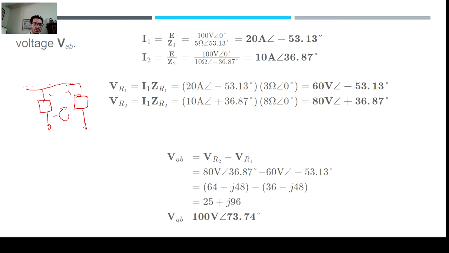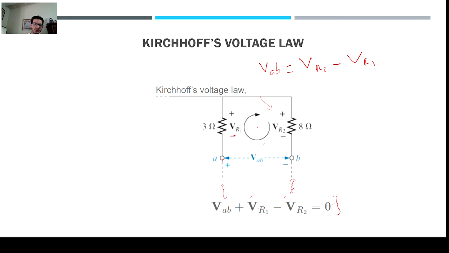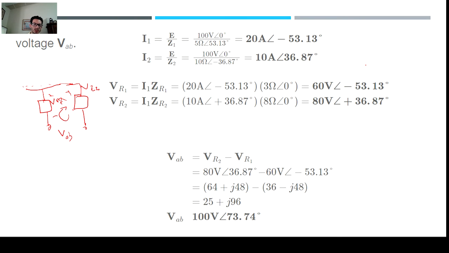So in order to find this voltage AB, we have to know the voltage through R1, or through Z1, and the voltage through Z2. In this particular case, the first two elements are resistors, so we just need to know the voltage through those resistors, but if they're inductors or capacitors, you simply compute the reactance and the impedance of those elements.